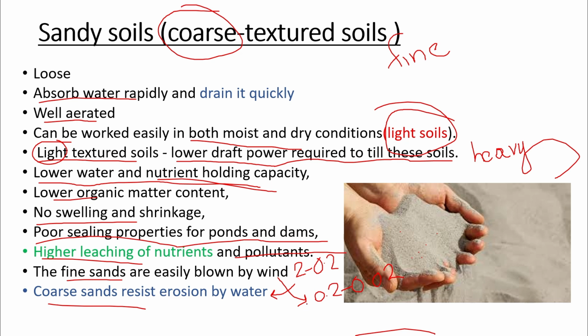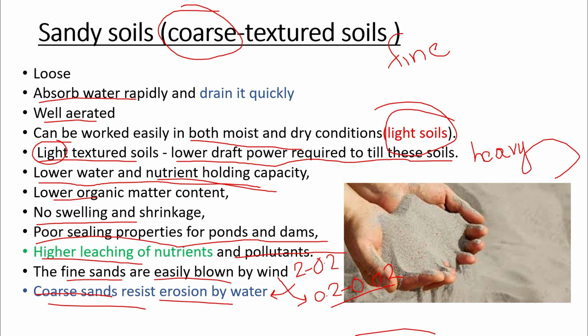So fine sand with this range of diameter is easily blown by the wind, so it suffers more wind erosion, while coarse sand resists water erosion. Coarse sand is resistant to water erosion because its particles are much larger in size, so when water comes they will stand like that only.